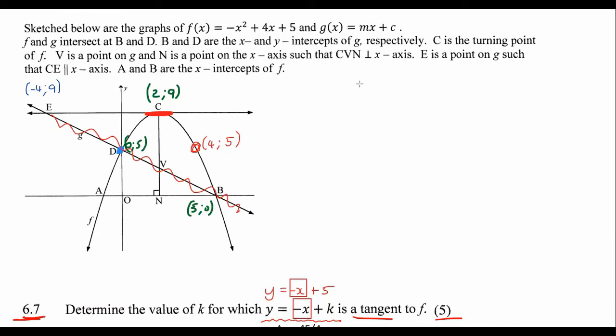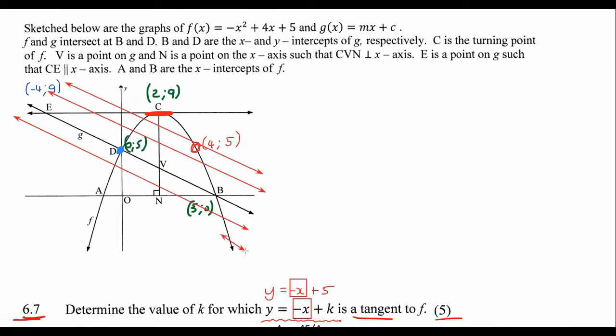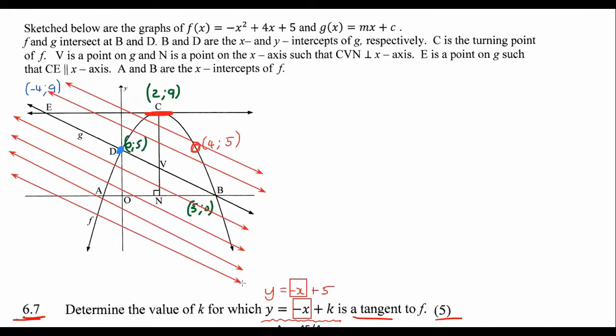So that means that we are going to be looking at these random lines, and those random lines are going to be parallel to the tangent, or parallel to this line here, because they all have the same gradient. Okay, and we would like to find the value of k so that the line is a tangent to the graph. So all of these lines that I'm drawing now, these are not tangents. Why? Because a tangent only touches the graph in one exact place, okay? And all of these lines seem to be cutting twice.